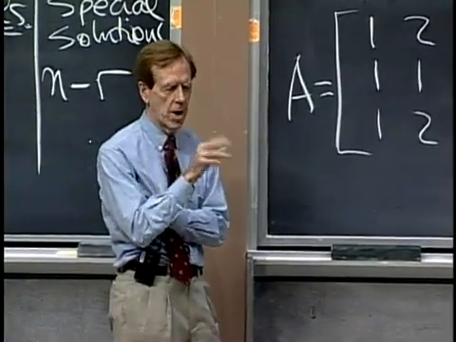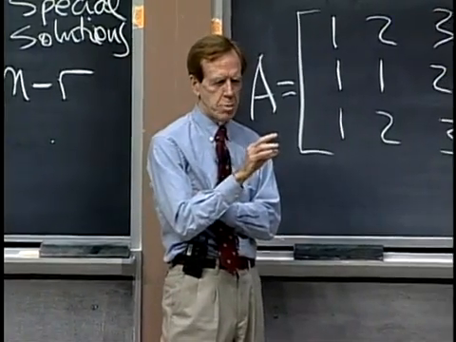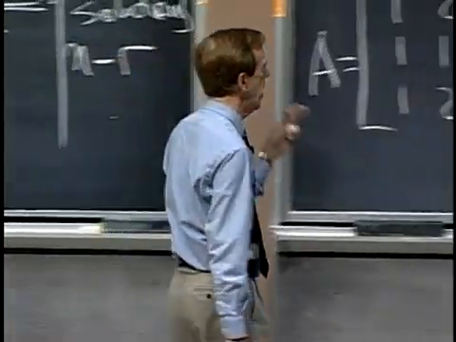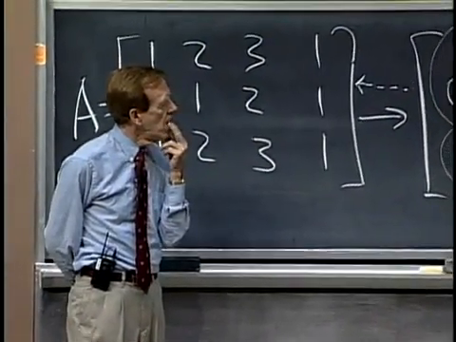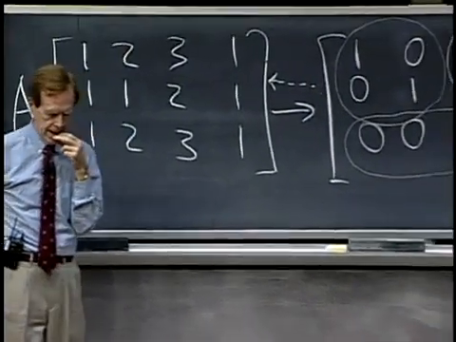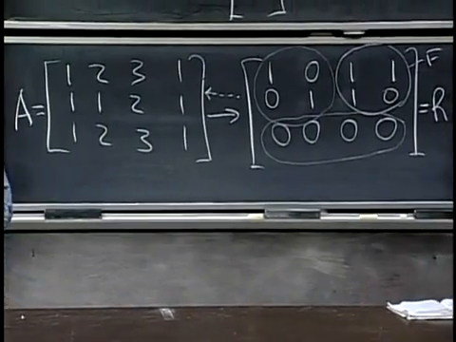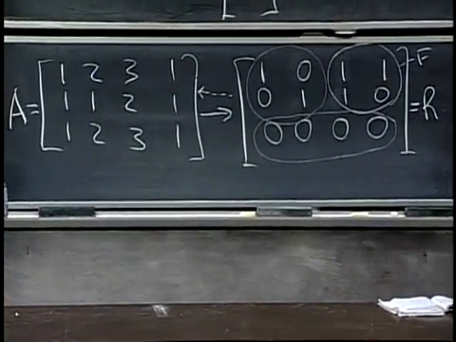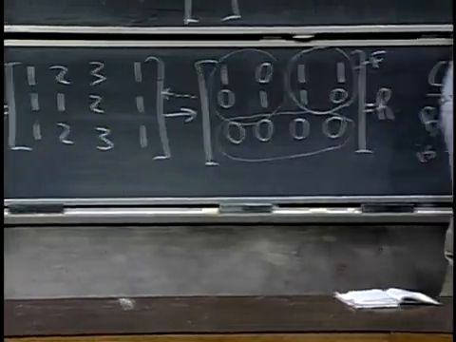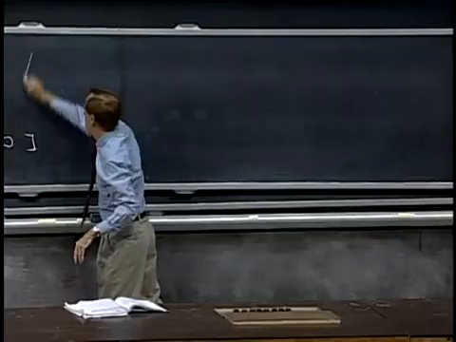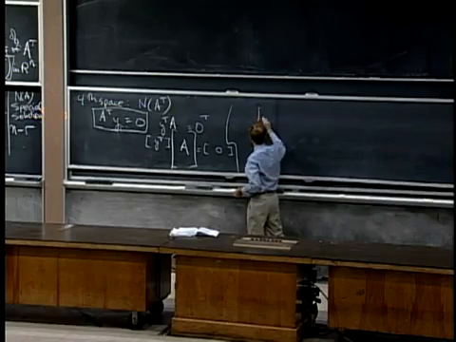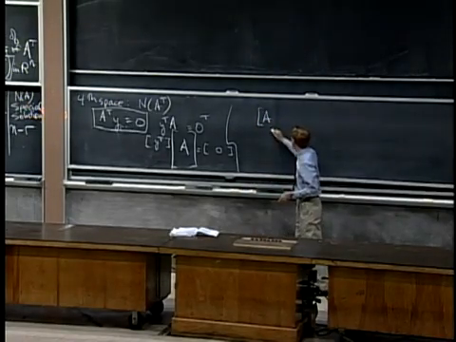I'm not interested in what particular ones they were. I'm interested in what was the whole matrix that took me from A to R. How would you find that? Do you remember Gauss-Jordan, where you tack on the identity matrix? Let's do that again. So I'll do it above here. So this is now the idea of, I take the matrix A, which is m by n.